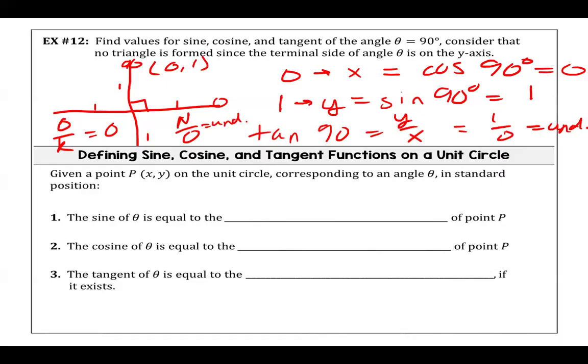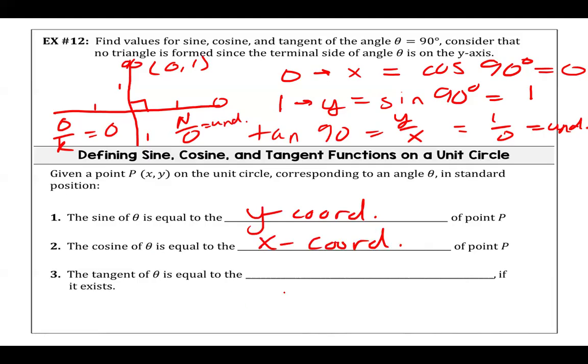All right, so tying this all together. When it comes to where we're at on the unit circle corresponding to angle theta in standard position, the sine of theta is equal to the blank of the point. What coordinate? The y coordinate. We all agree? The cosine of theta is equal to the x coordinate.